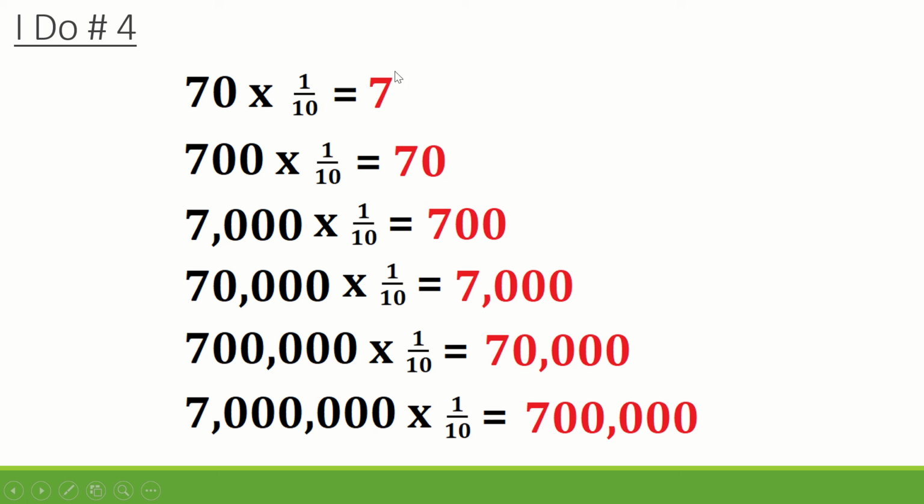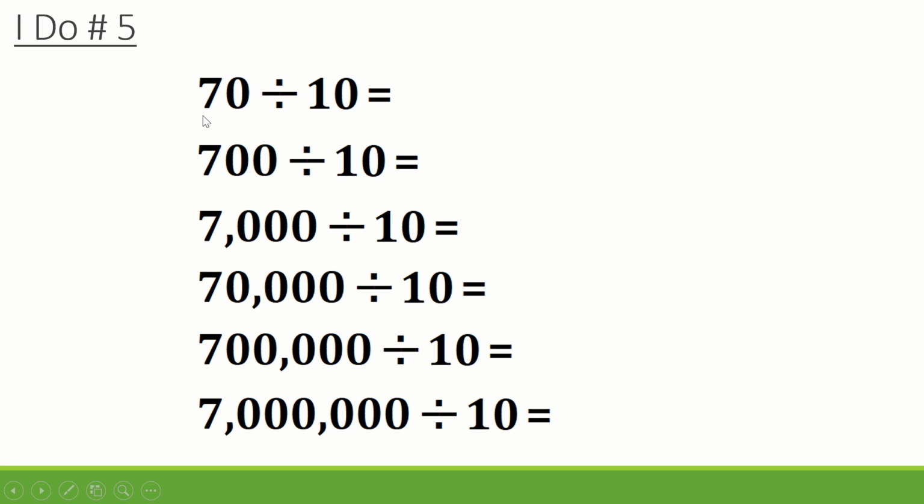Now this may, for some of us who are perhaps a little bit rusty with our multiplication of fractions, prove a little bit troublesome. And so I do want to show you that another way to think about multiplying a whole number by 1/10 is to actually think of dividing that number by 10 as shown here.